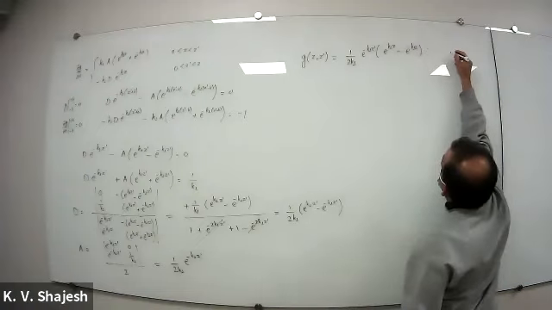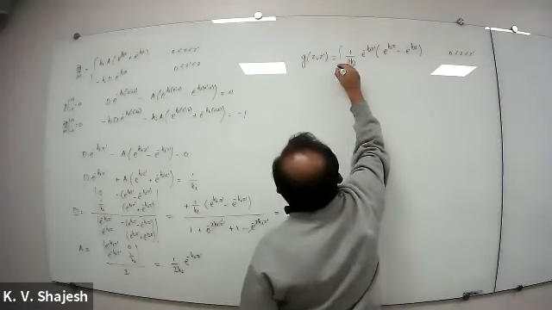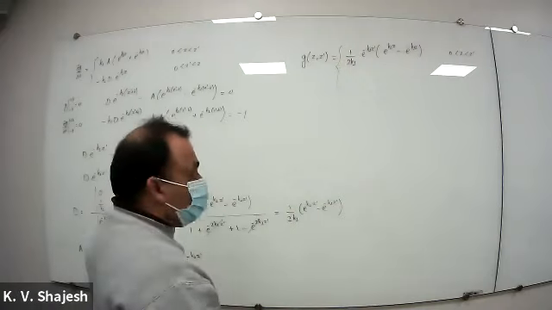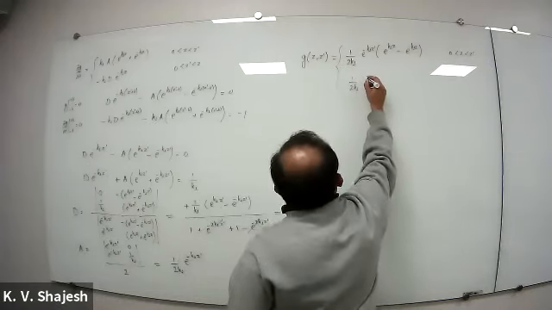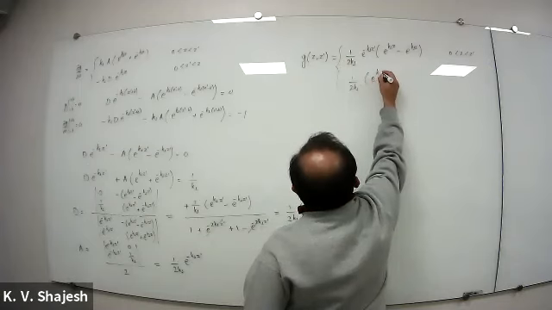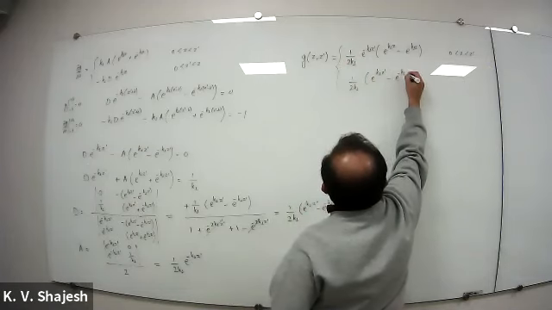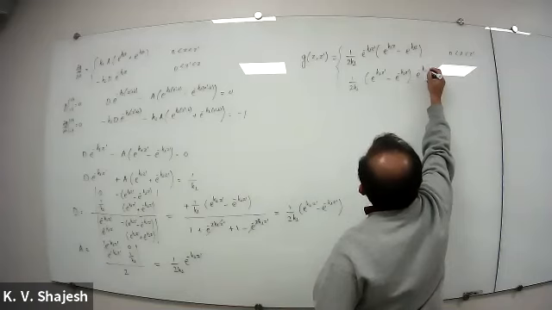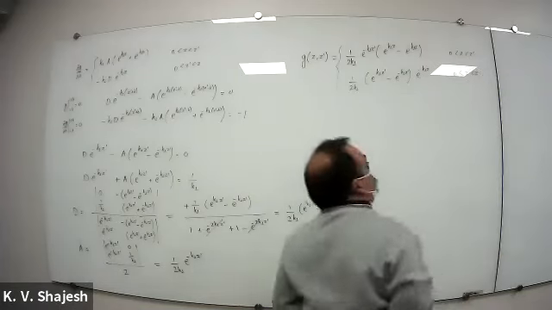This is for 0 less than z less than z prime. There's one more solution. We're going to interpret this next. Why do we have this structure? And that D is 1 over 2k perp, e raised to k perp z prime minus e raised to minus k perp z prime, and e raised to minus k perp z, for z greater than z prime.